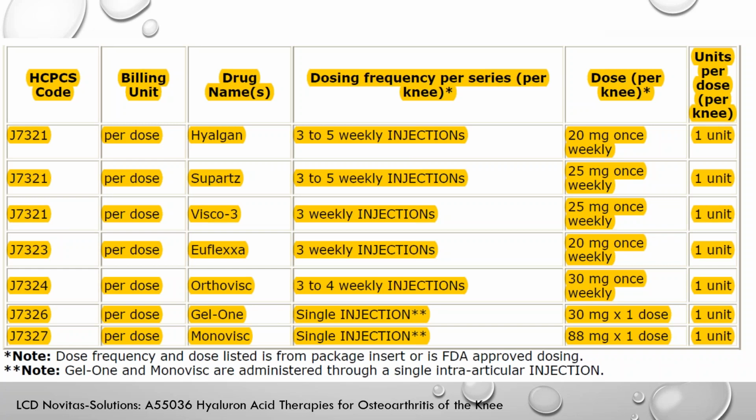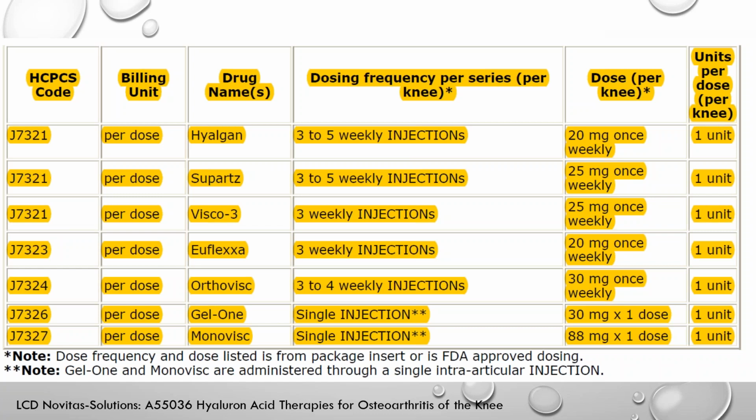This also gives you the dosing frequency, and this is super important because if you exceed the dosing frequency per the LCD, Medicare may not pay for it, and your commercial payers may not pay for it. These dosing frequencies are listed on the packaging inserts of these particular drugs, so it gives the recommended dosages on the drugs themselves. If recommended dosages are exceeded, then it may not be paid.